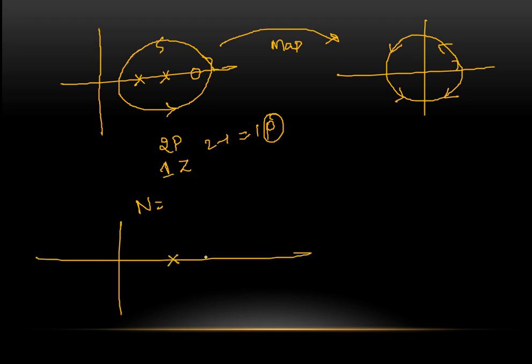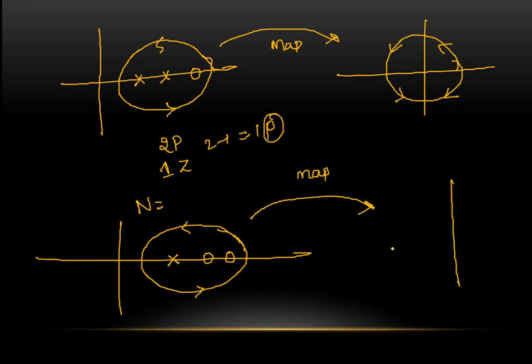Similarly, if you have one pole and two zeros in the s plane, and you want to map this function into the G(s)H(s) plane, here the zeros are greater. The zeros are 2 and the pole is 1, and the difference between zeros and poles is only 1. So you are getting only one encirclement, but zeros are greater, that's why you will get a clockwise encirclement.